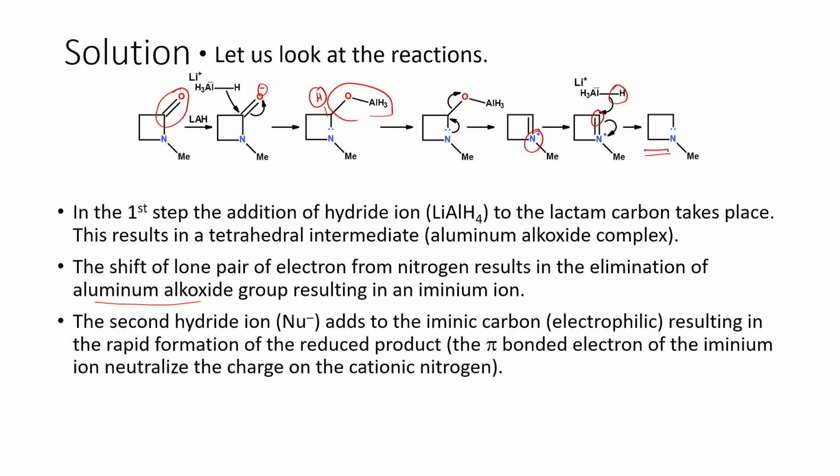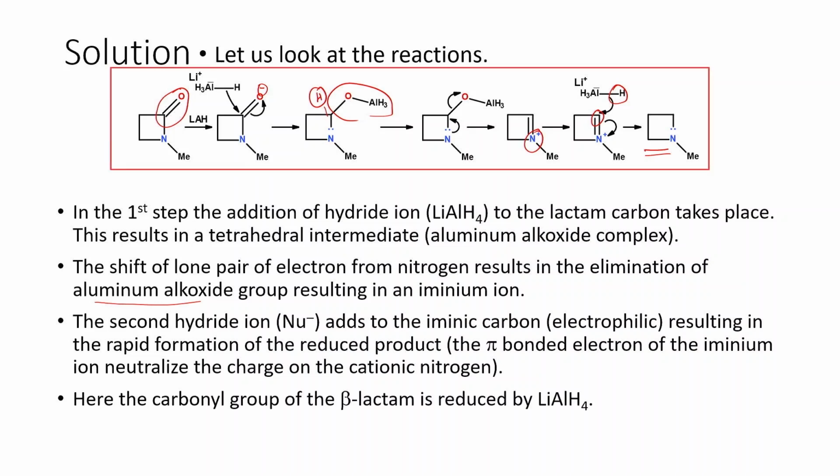So we finally end up with a cyclic amine as shown here. So here basically two hydride ions are added to the system. So the carbonyl group is completely lost in this particular reaction, and we end up with a reduction of the carbonyl group, leading to the cyclic amine.